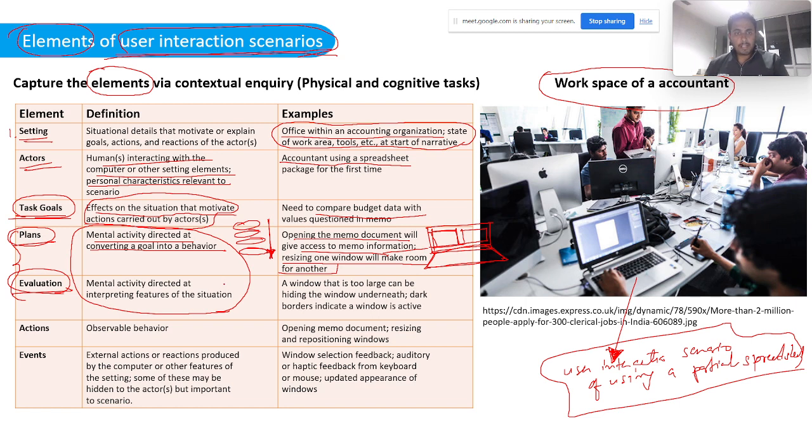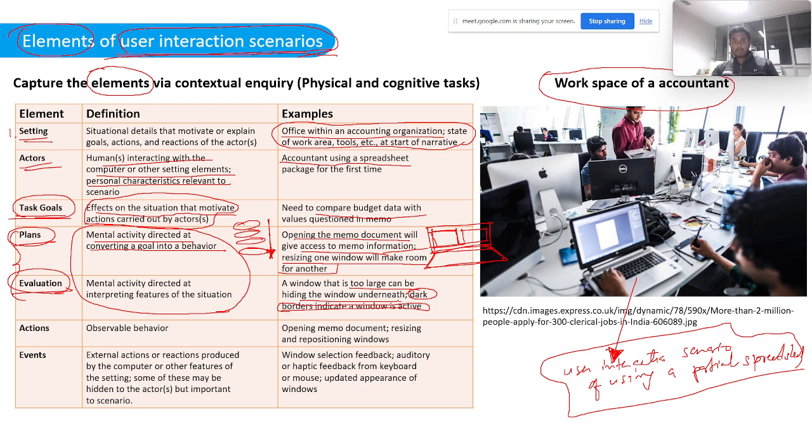The person makes those judgments in his mind, and then he does certain actions. For example, if a window is too large and hides the other window, then he will resize them accordingly. Similarly, if the window he is selecting has its border indicated in a dark color, he will understand that this window is active.